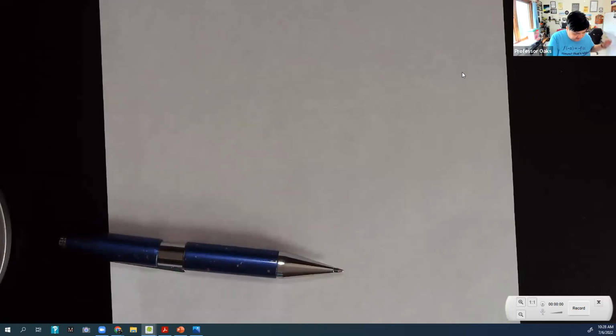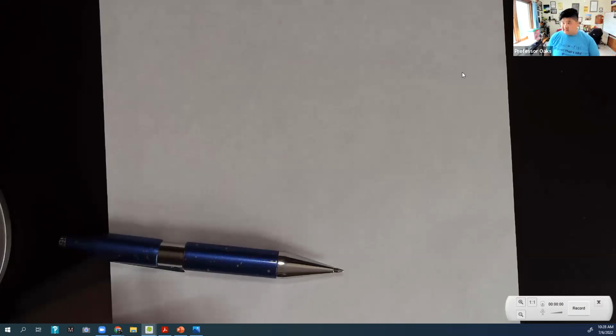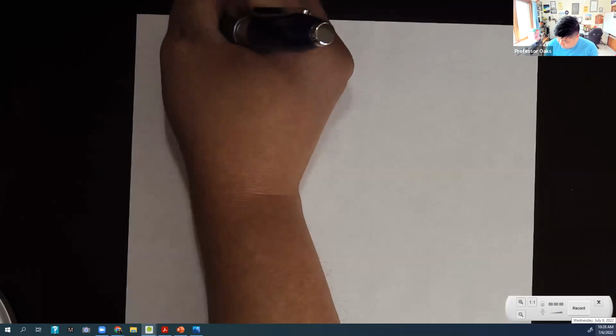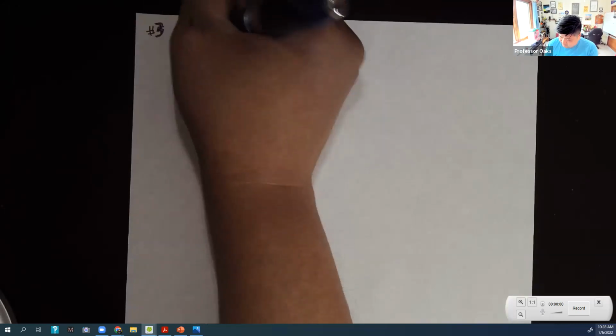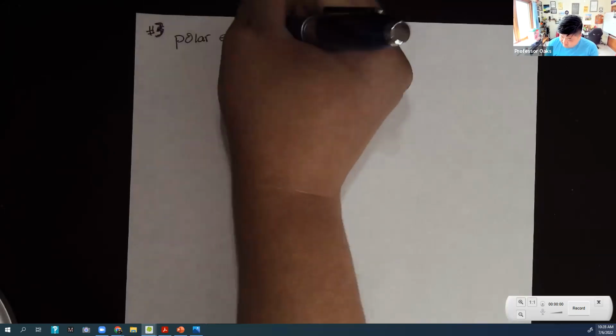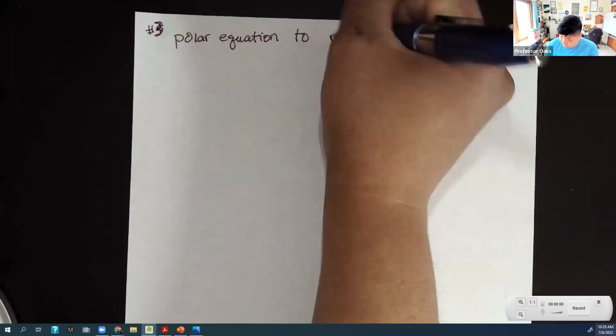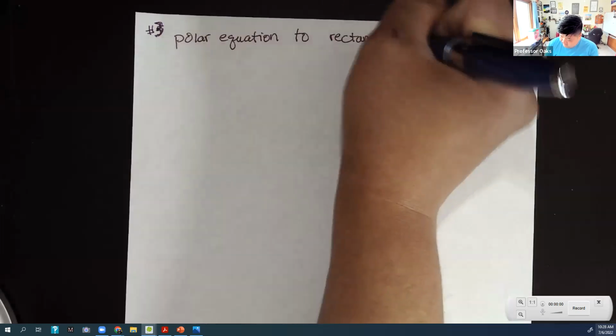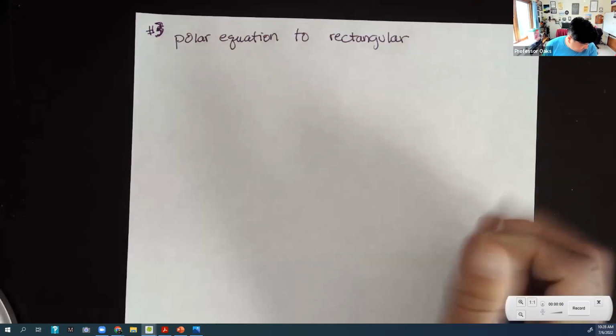What you need to keep in mind is that you have 2 types of problems. One of them is like number 3: polar equation to rectangular.